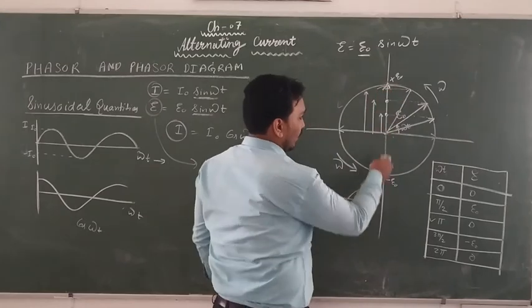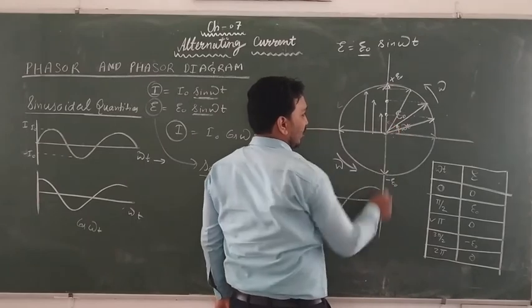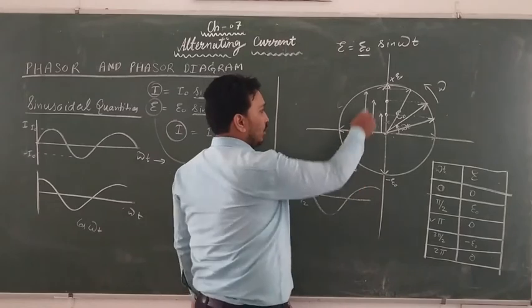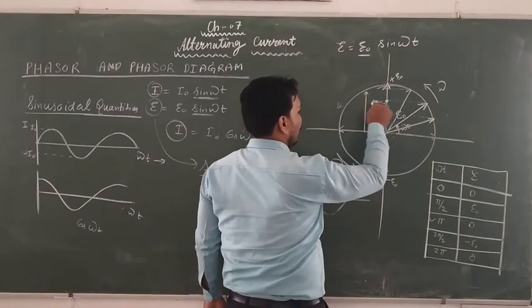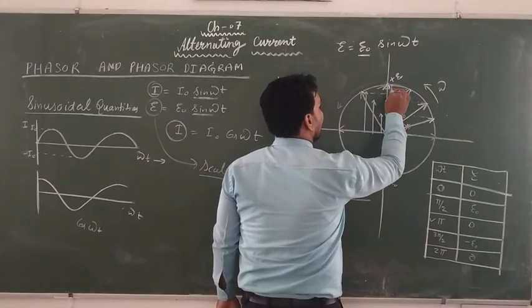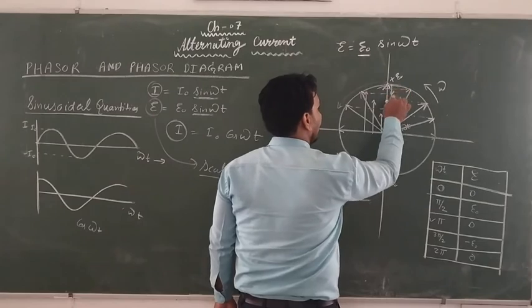So basically, whenever this arrow is going up with an angle of 90 degrees, the EMF increases. And when this arrow comes down from here, then again it is going down.